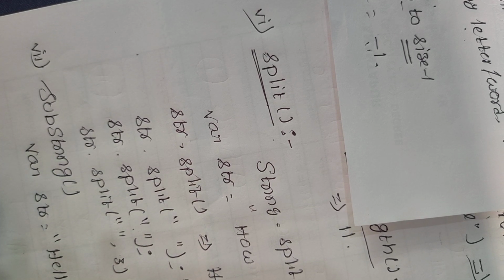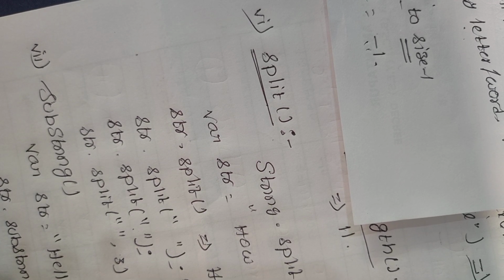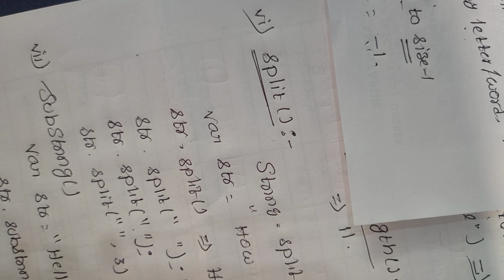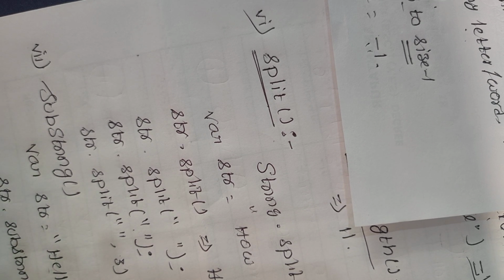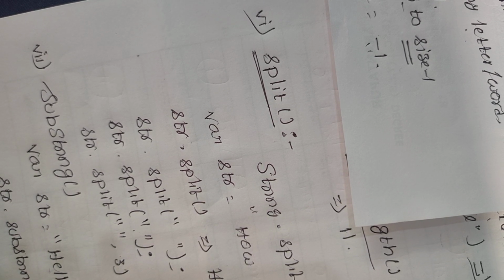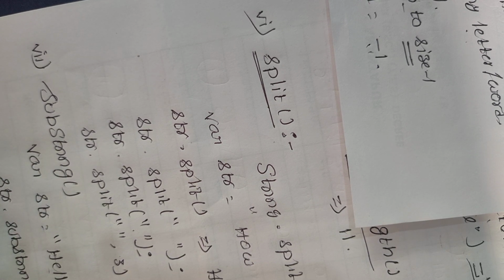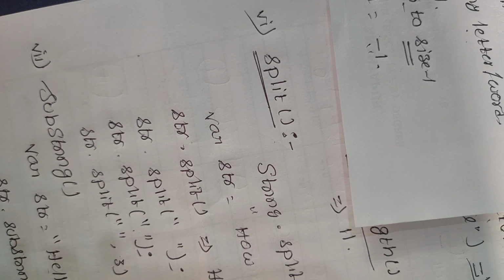Then I write str.substring(3). What is the output? It will be taken like this: LO space WORLD, from the third letter onward.